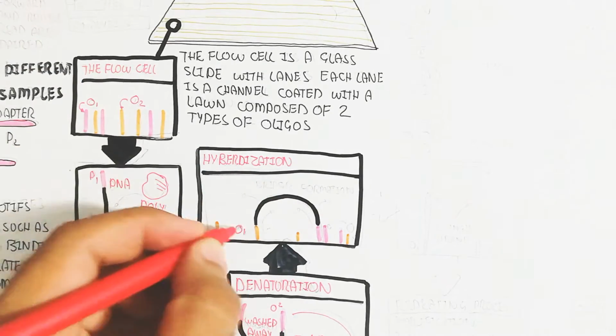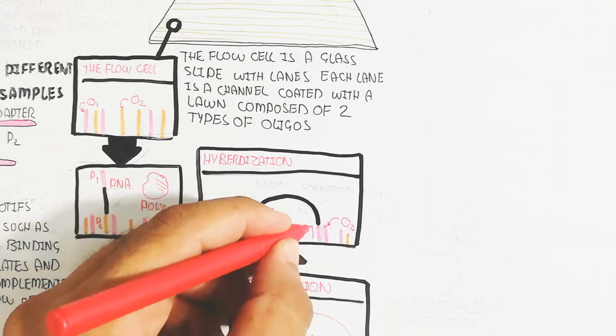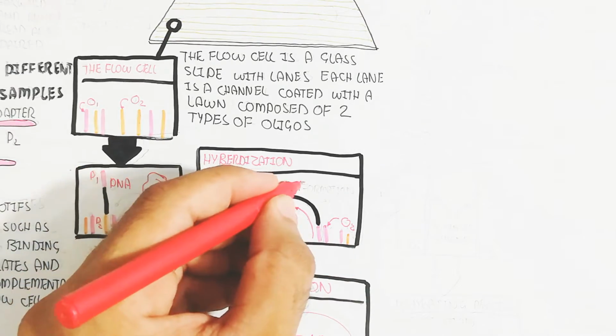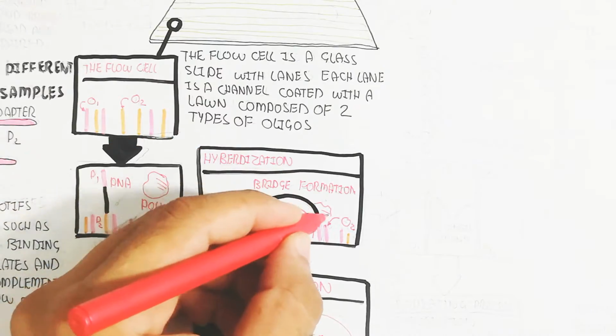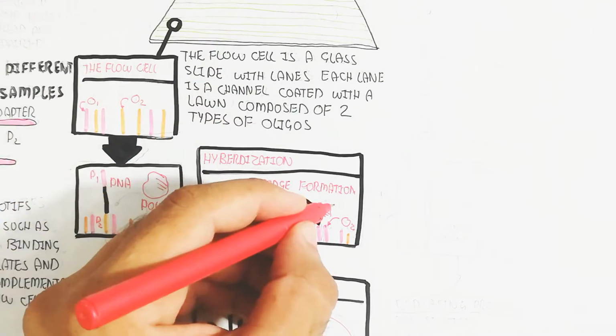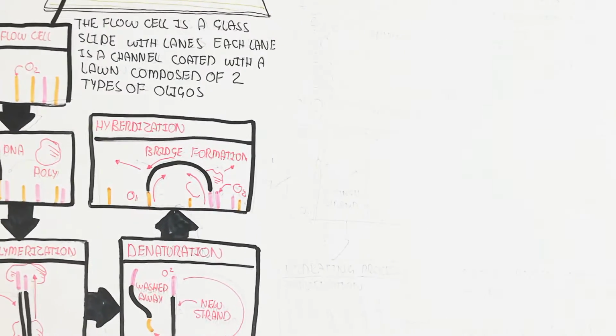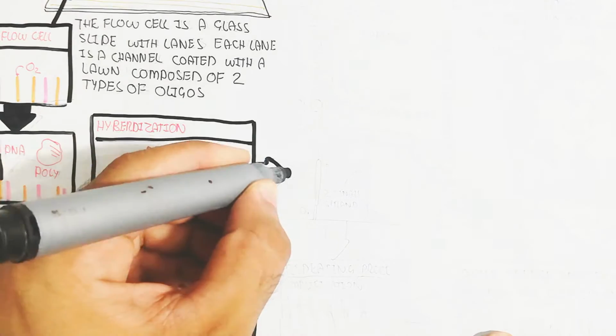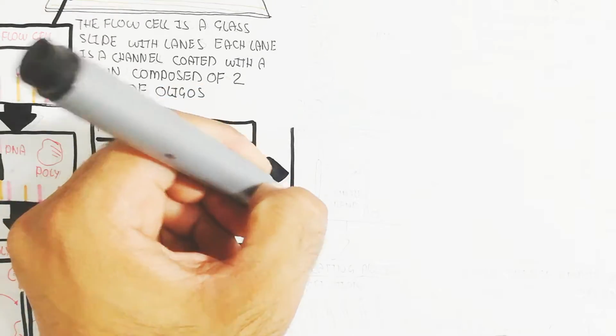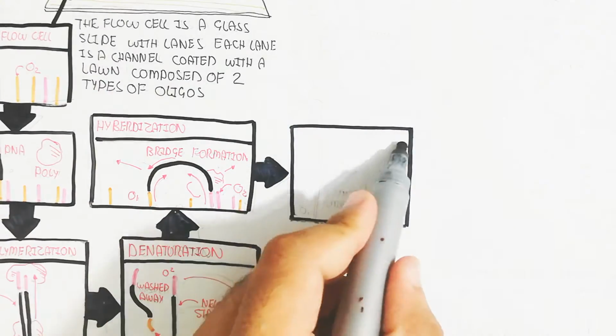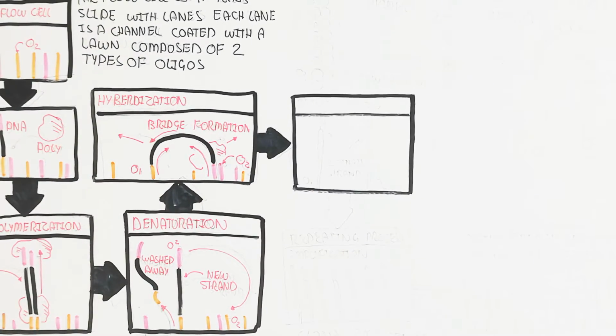In this way, the oligo 2 will bind with the oligo 2. Remember, after this a polymerase enzyme with a specific primer will bind to synthesize a new strand toward the oligo 1 site. And in this way the bridge formation will occur, and the denaturation will again occur.